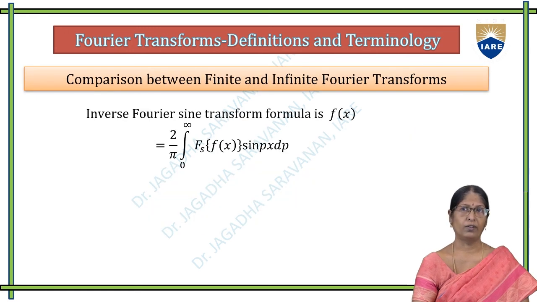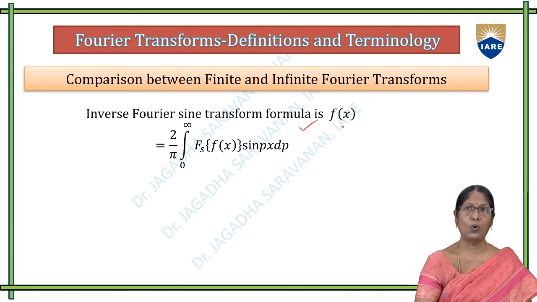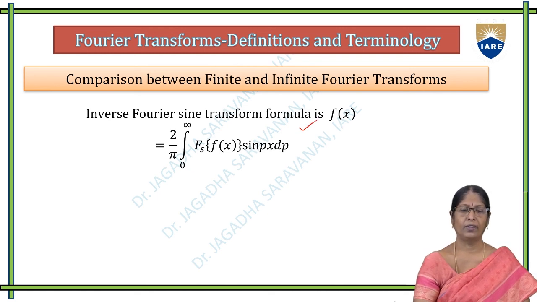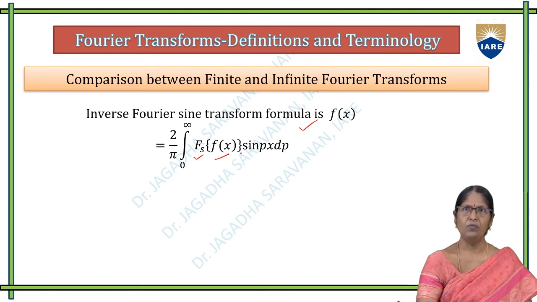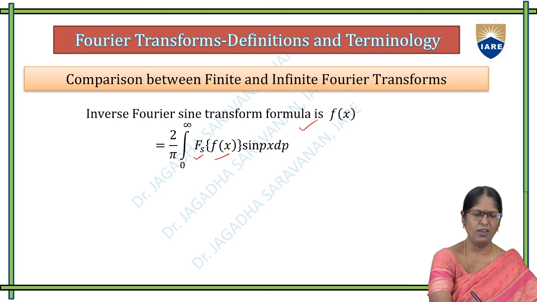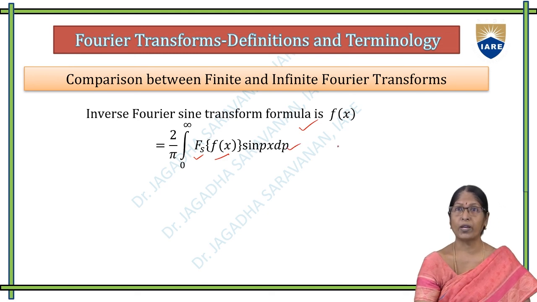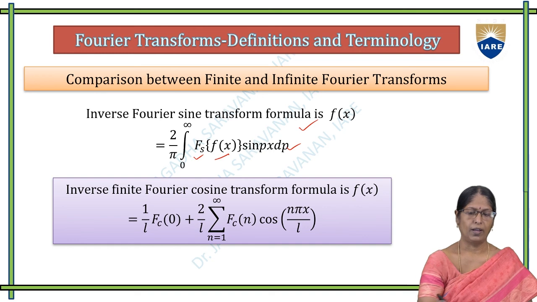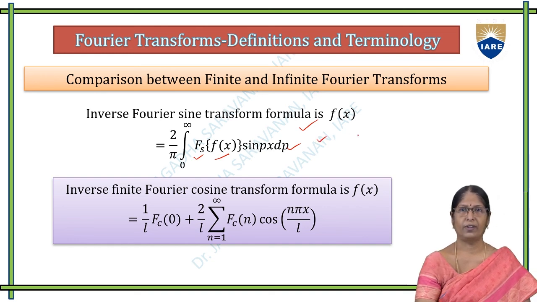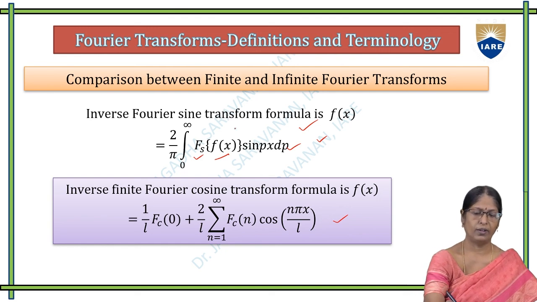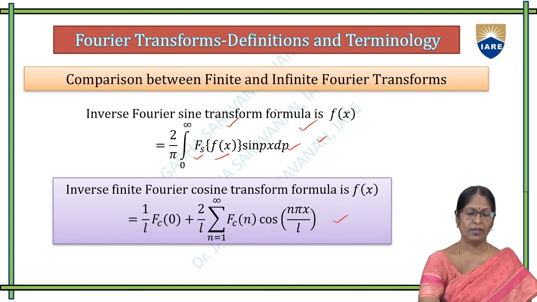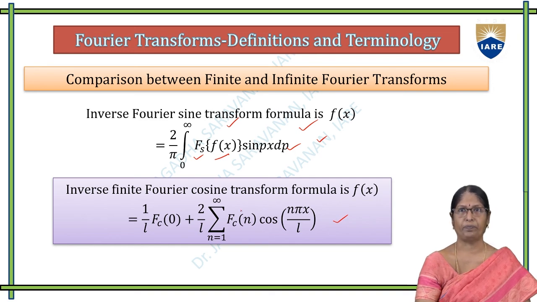The next one is the inverse Fourier sine, 2 by pi integral 0 to infinity. That is inverse, Fourier will be under integration, and the inverse is done with respect to p. This is infinite. We are doing comparison with our finite. Sorry, here it is written Fourier sine, and here it is written Fourier cosine.